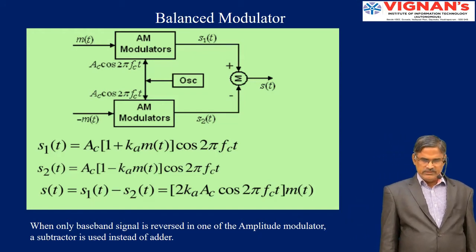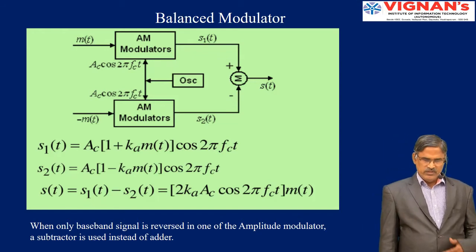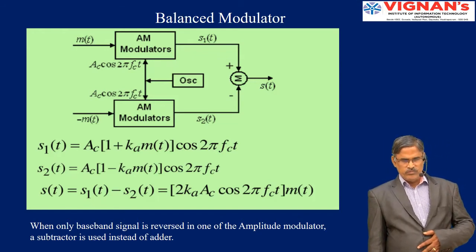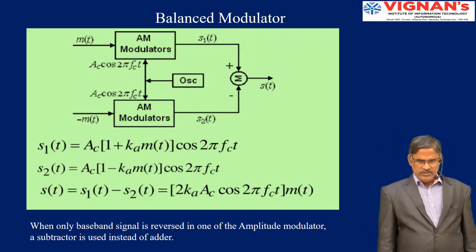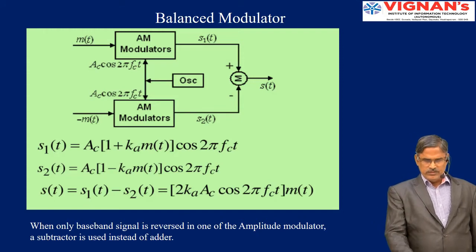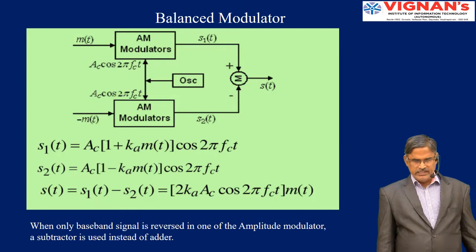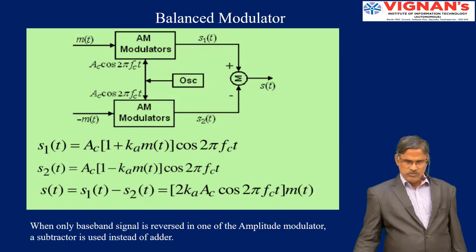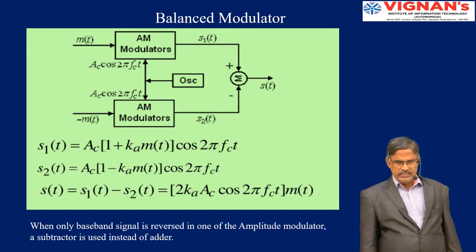So it is giving 2 ka Ac cos 2 pi fct m(t). First modulator is giving Ac into 1 plus ka m(t) cos 2 pi fct. Second modulator is giving Ac into 1 minus ka m(t) cos 2 pi fct, because m(t) is reversed in phase. When you subtract, carrier is removed and you get twice the product signal 2 ka Ac m(t).